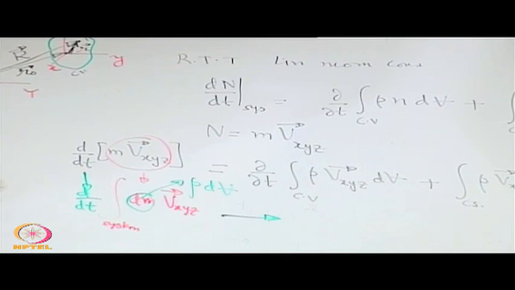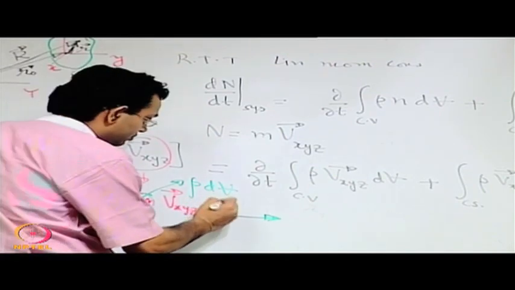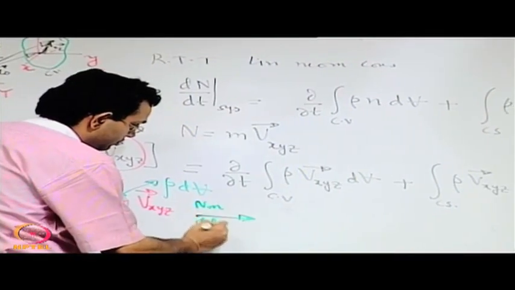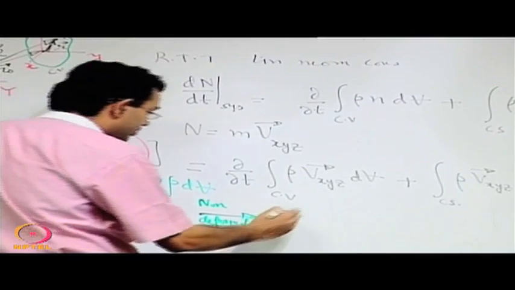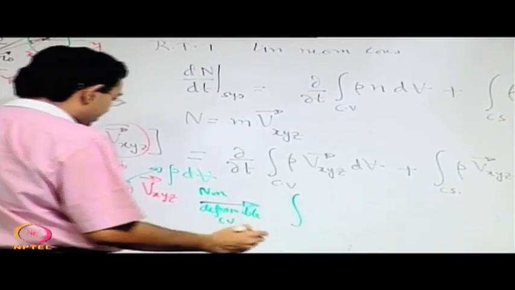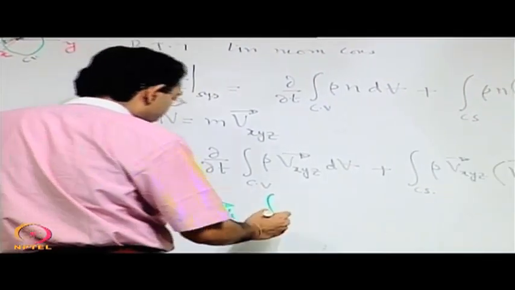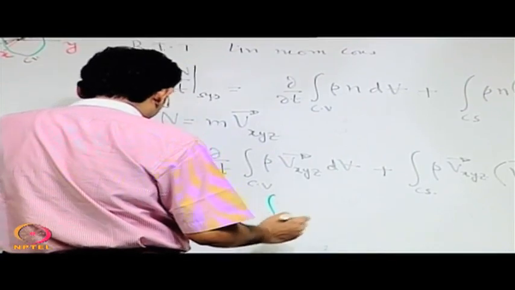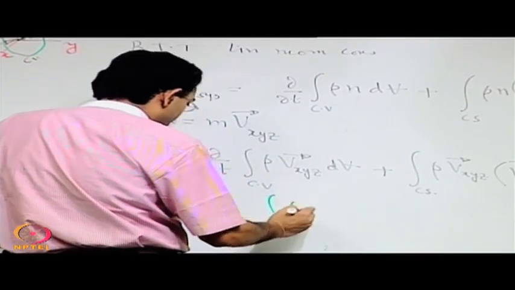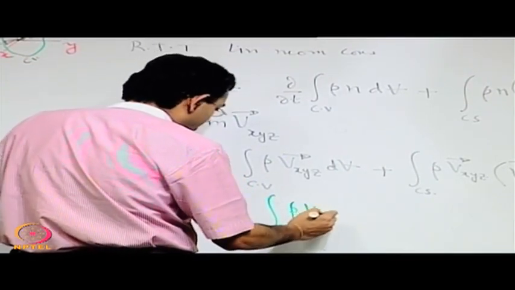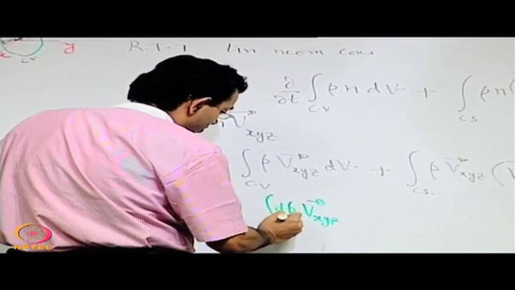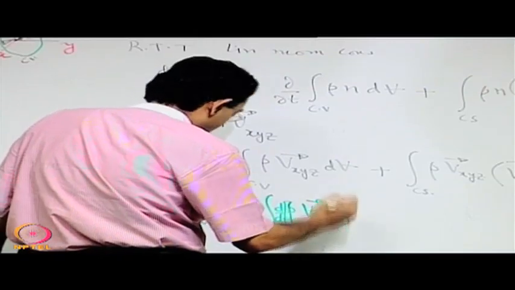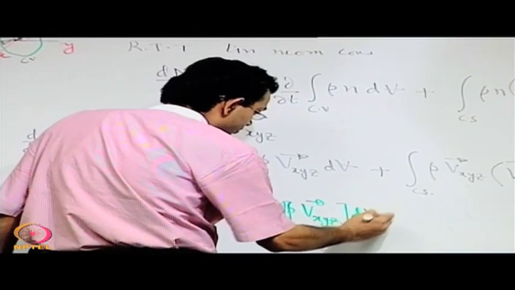So we are assuming that it is a non deformable control volume. With a non deformable control volume, we may write it as integral of rho, V small xyz, d/dt of this, dV.